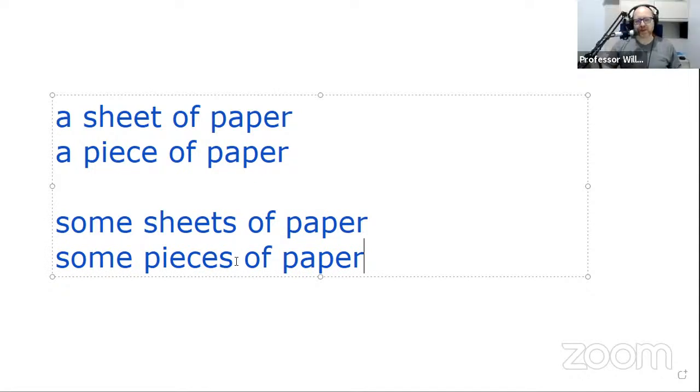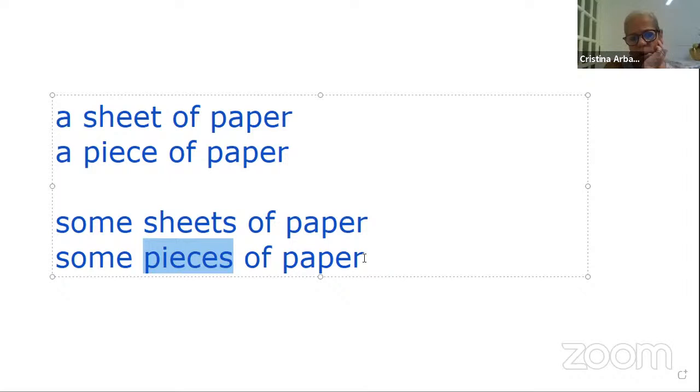And it seems to me that piece and pieces is the most common way to make an uncountable noun countable. Remember we talked about, if you say, I want a cake, then that means you want the whole cake, or I want a pie. I want a piece of cake. I want a piece of pie. So we have piece of cake, piece of pie, piece of paper. Piece is used in many different situations where we want to make an uncountable noun countable. I want two pieces of paper.